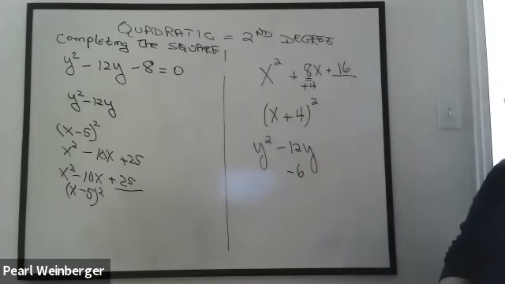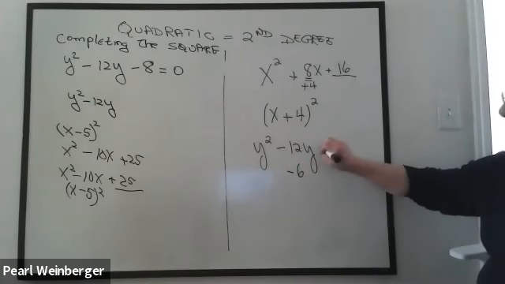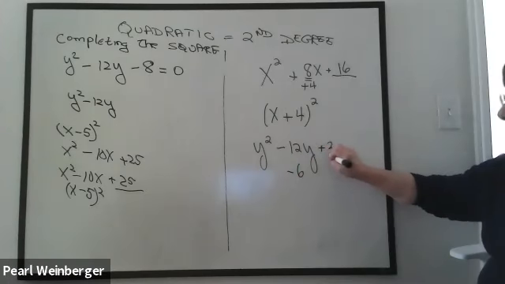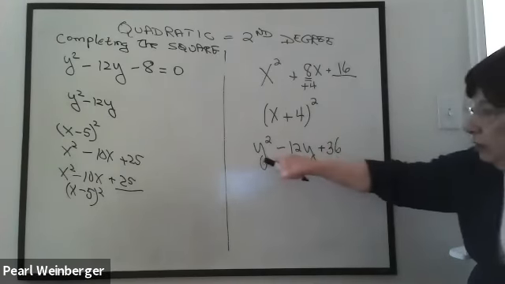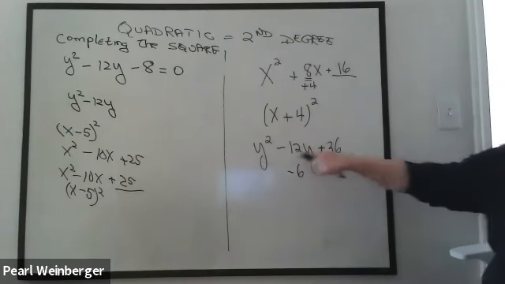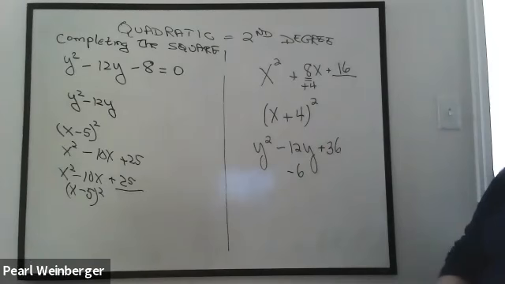I then take that number and multiply it by itself. Negative 6 times negative 6 is plus 36. The number we need to add to complete the square, to make the binomial into a trinomial that's a perfect square, is 36.